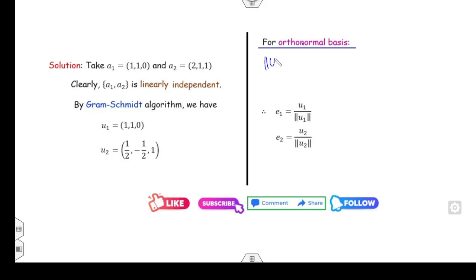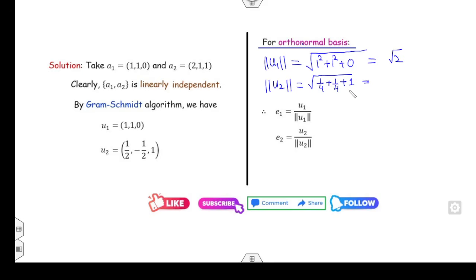So can you find the norm of U1? Norm of U1 is the root of the element squares, 1 squared plus 1 squared plus 0, which is root 2. Norm of U2, fine, it's 1 over 4 plus 1 over 4 plus 1.